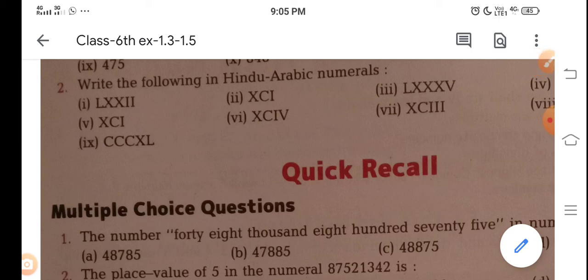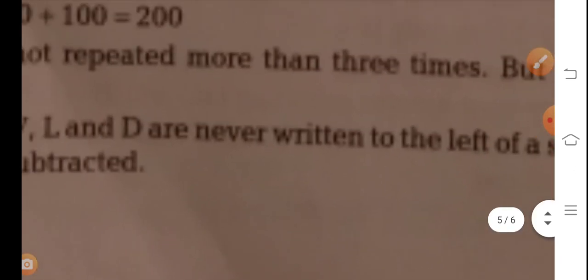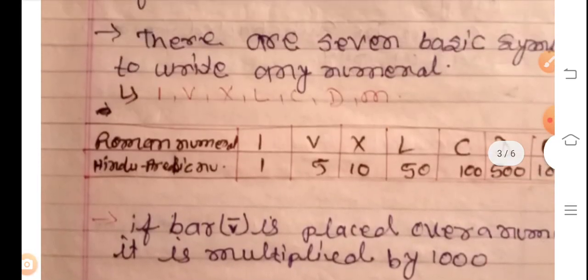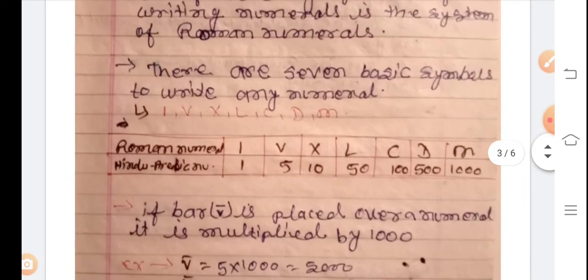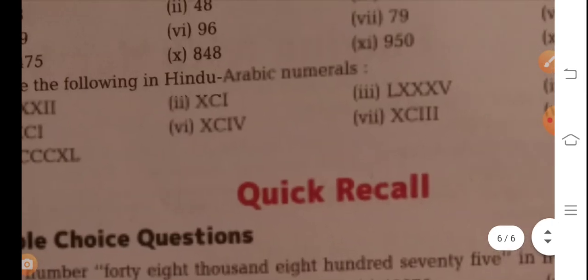Just like another example, the second number, XCI.